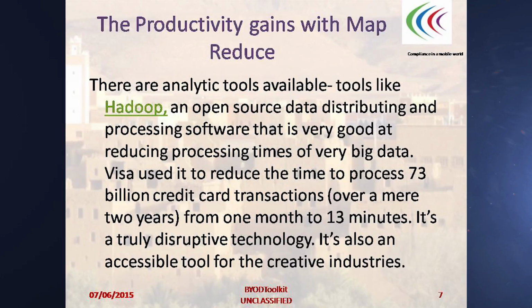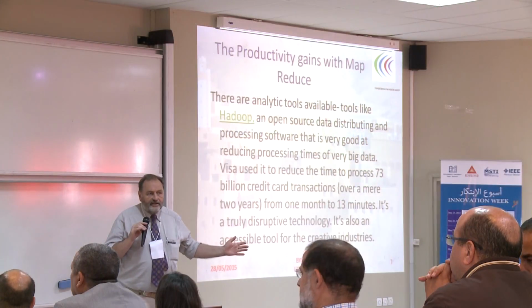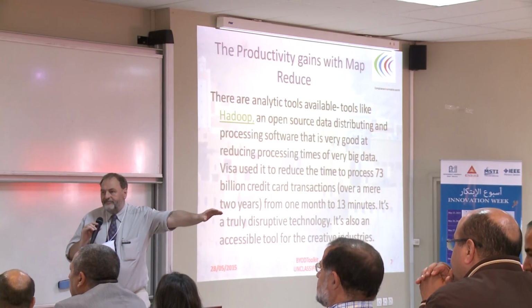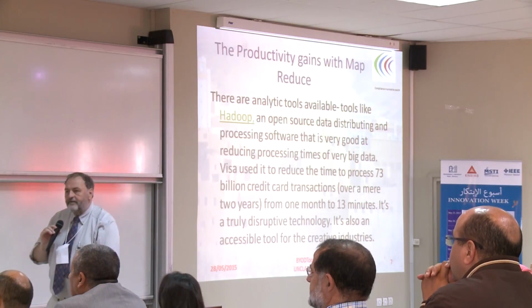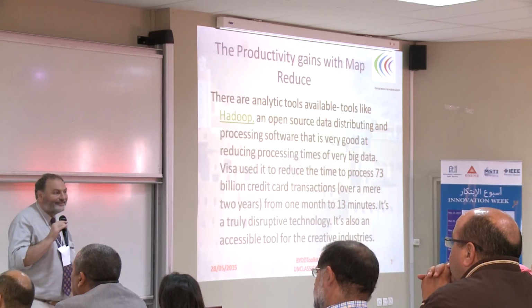That's disruptive. That's the kind of thing Chandan was talking about yesterday. It enables whole new industries because suddenly, from being able to detect card fraud a month after it's happened, you can do it in real time, and you can catch the bad guys in the act.